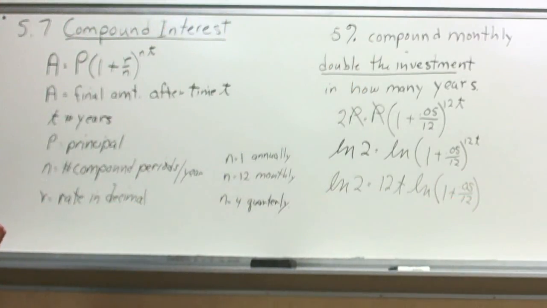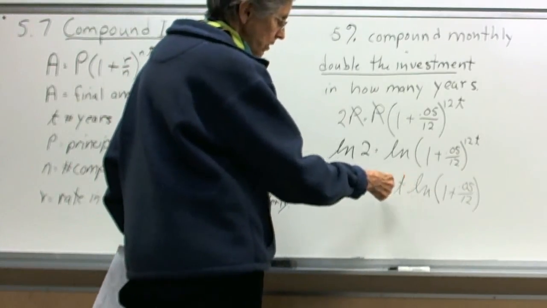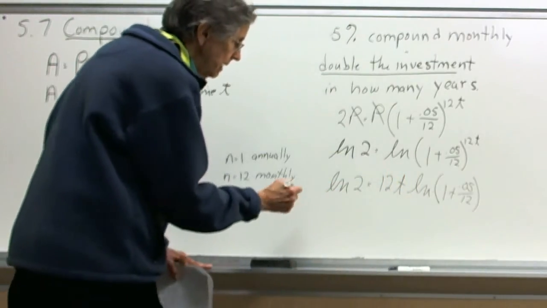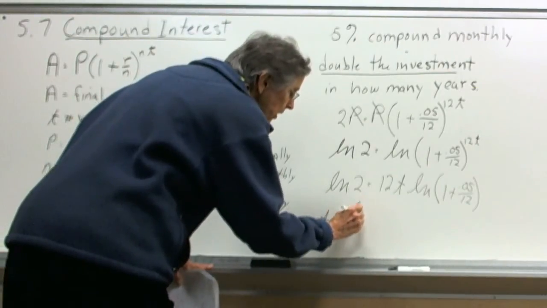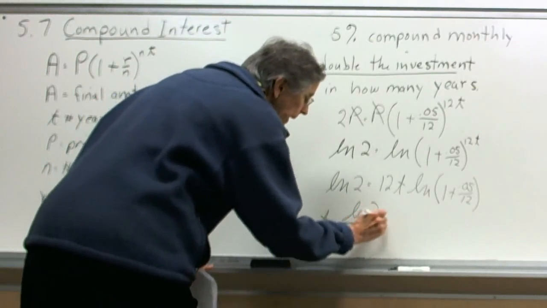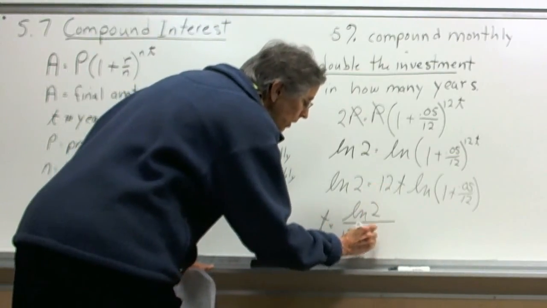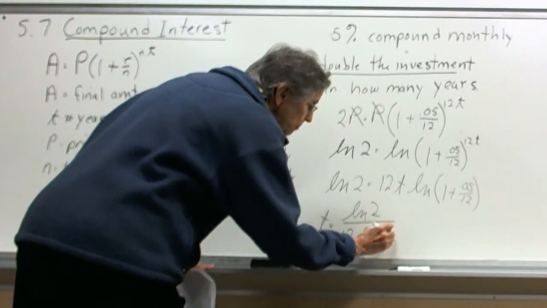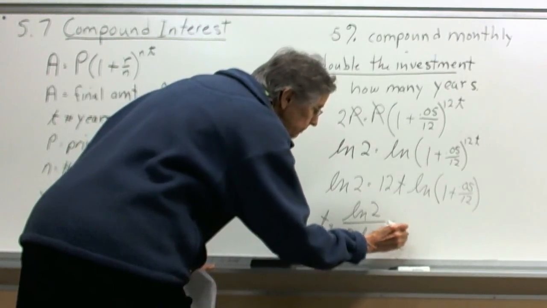And the last step then would be to divide both sides by this coefficient part of the t. So t will be equal to the natural log of 2 divided by 12 times the natural log of 1 plus 0.05 over 12.